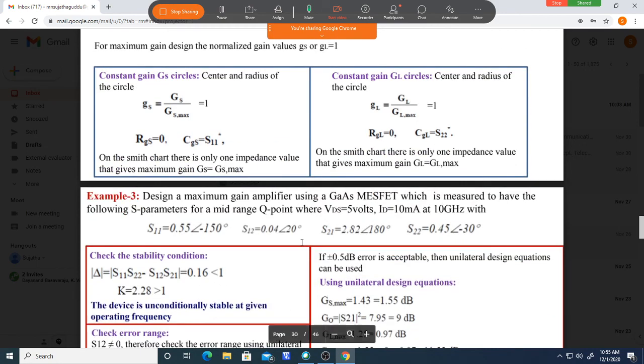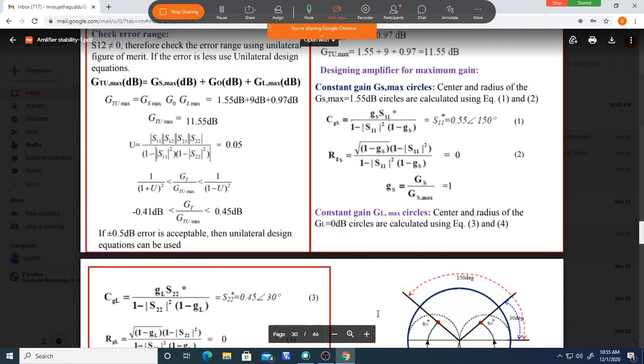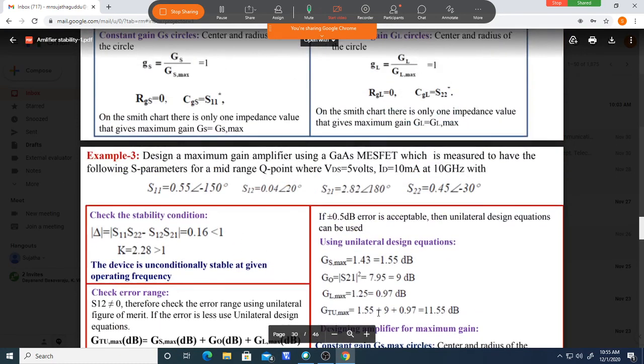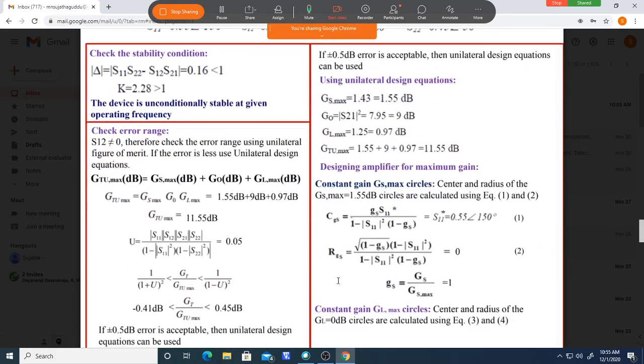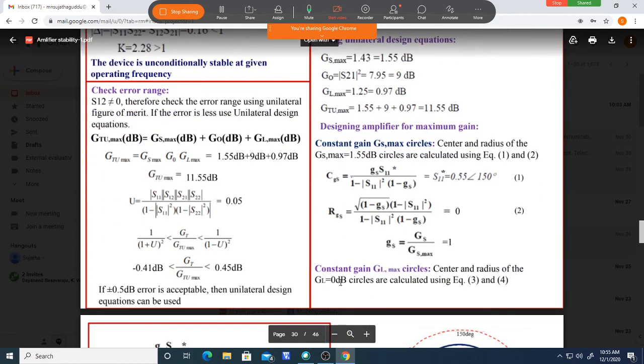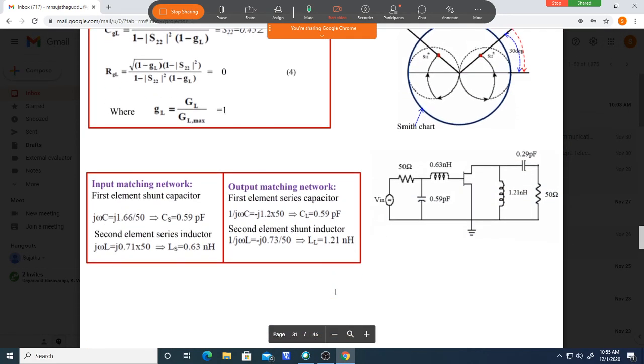Whatever ZS, that we have to take. So that is the difference. In the examination, one kind of this problem may come. It may be a high gain amplifier or a maximum gain amplifier. You should see and then design. Once you solve one, two, three problems, you will come to know how easy it is.